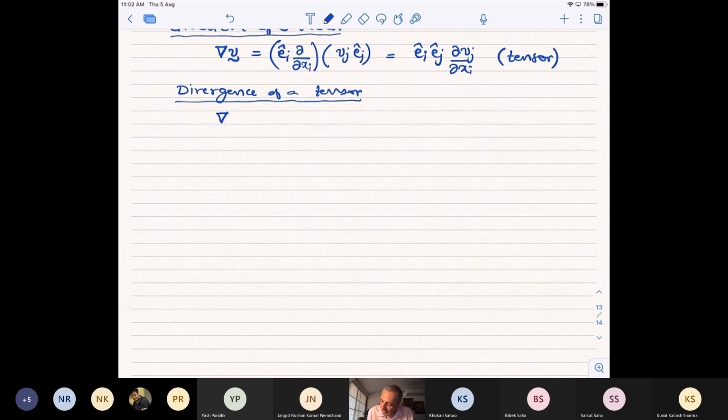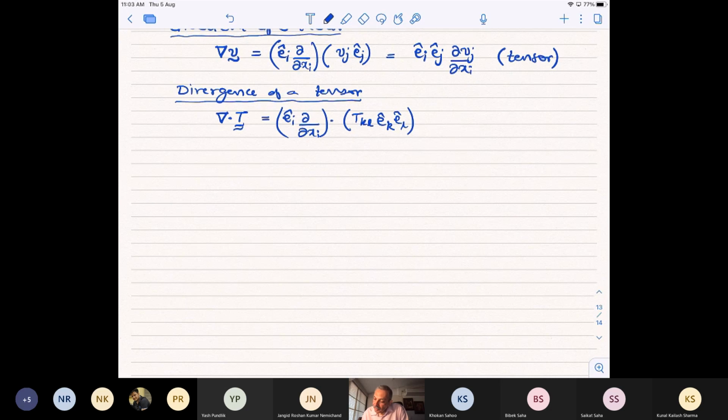And this is, divergence means del dotted with the tensor T. So this can be written as ei del by del xi dotted with Tkl ek el. Again, notice I've used all different indices for each one of them.